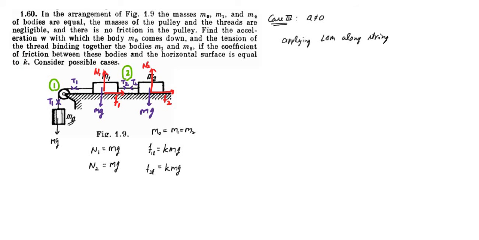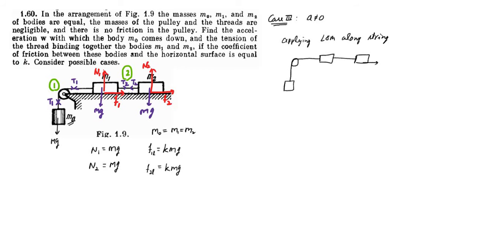If we apply laws of motion along the string, the friction force acting between M1 and ground and M2 and ground will be the maximum friction force. So here we will have the free body diagram like this.